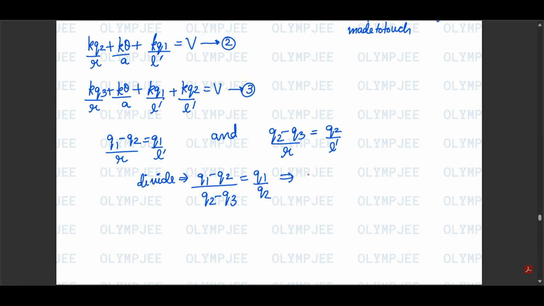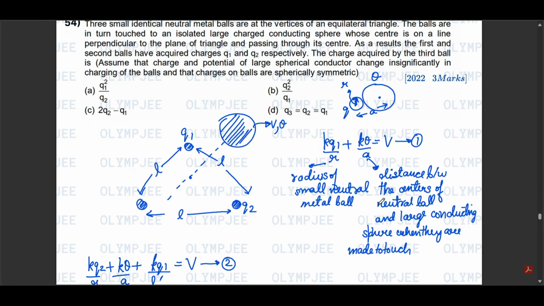So this will give us, on cross multiplying, which will finally give us Q3 as Q2 square by Q1. So this is option B.